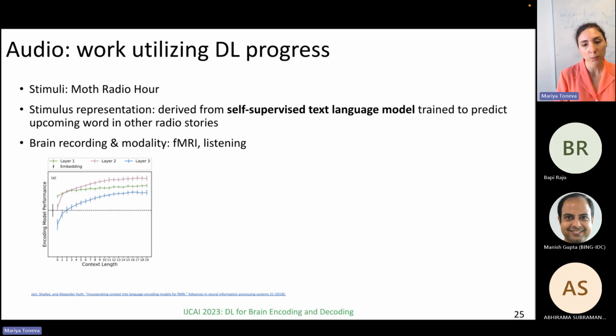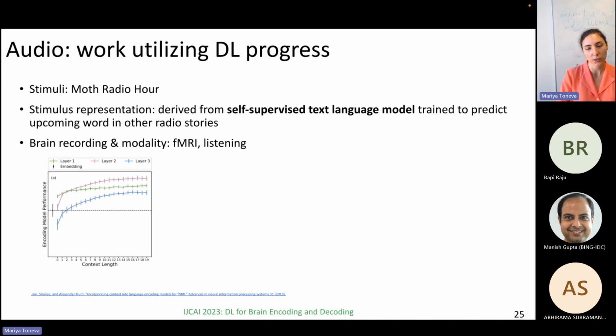And this was very interesting because earlier work, especially in vision, showed that when using supervised models that are trained for, let's say, object recognition or scene classification, the late layers in these models actually corresponded best to some high-level brain regions that are involved in semantics.